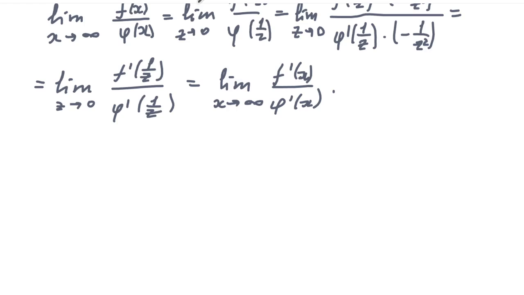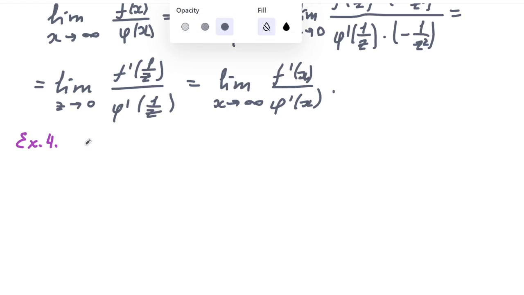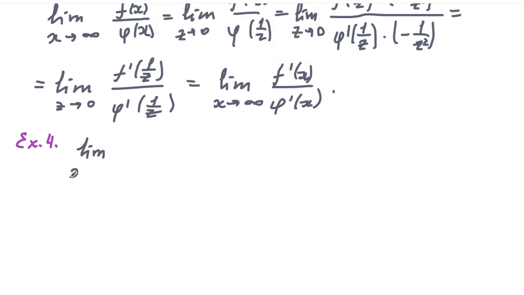Example 4. Find the limit as x approaches infinity of sine of k over x over 1 over x. We have in this case the indeterminate form 0 over 0.